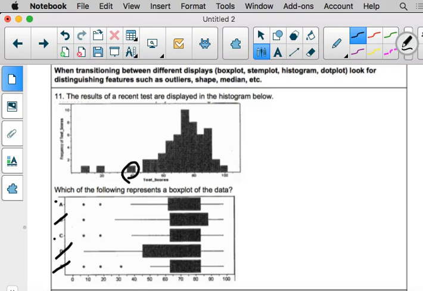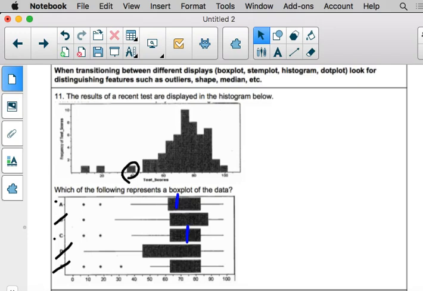Now, let's talk about how to determine the difference between the two that are left. While it's really difficult to see the way that this copied, I apologize for that. On my copy, it looks like the median here is a little bit lower than the median of this one. So it's the idea of which is a more appropriate median.